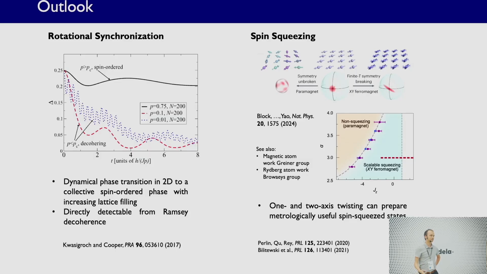So for instance, if you have a one-axis twisting, if you look at it in a mean field way, it's like Larmor precession. But then the field is given by the size of the SZ, the mean field SZ. So that's a way of looking at it.